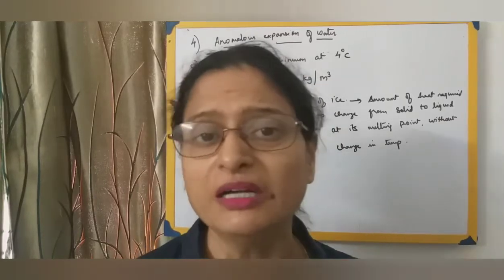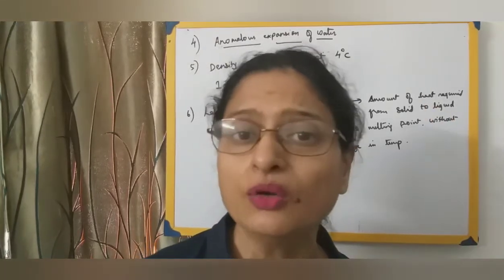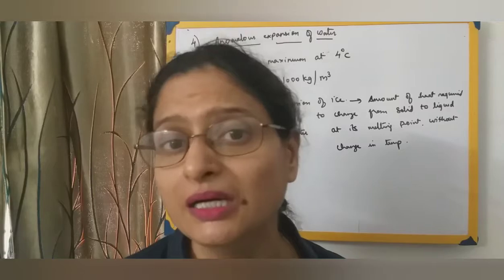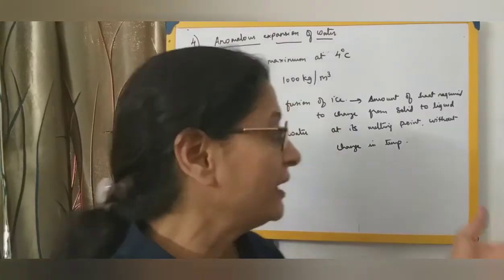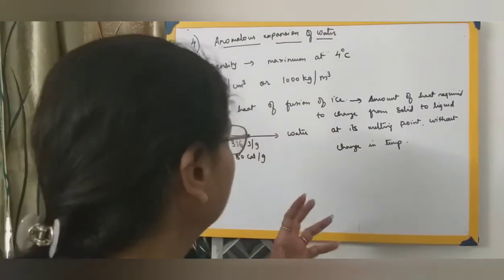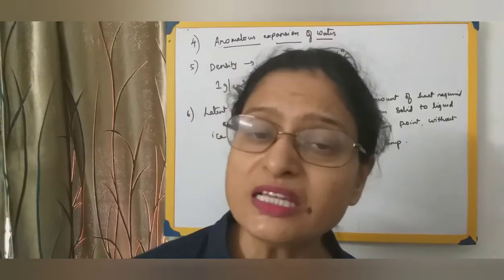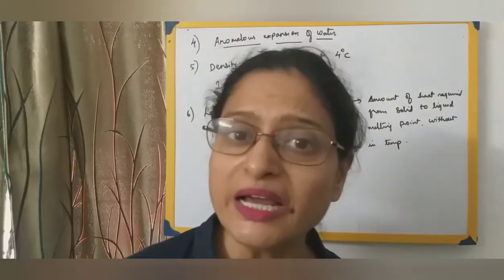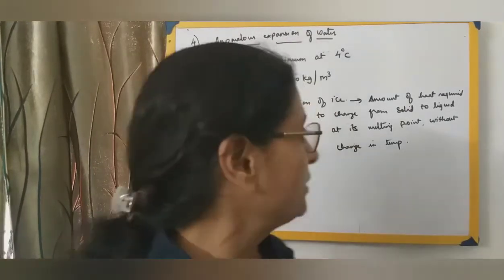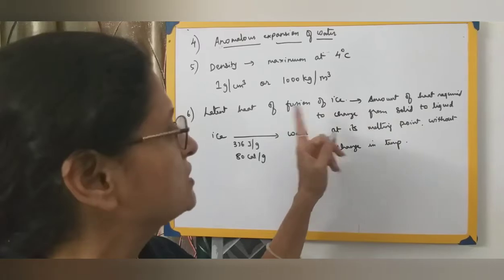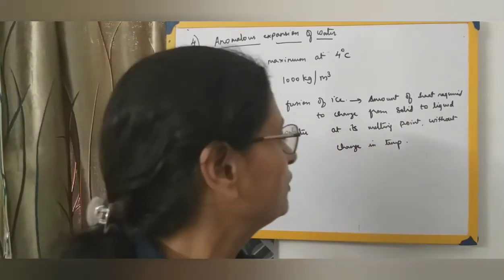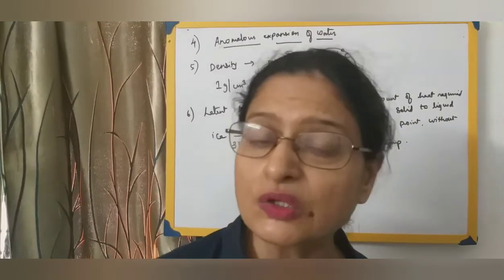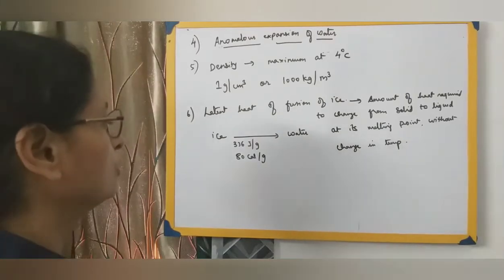When the change of state takes place, the thermometer is not going to show any change in the temperature, because the heat that has been absorbed has been utilized in bringing about the change of state. So we can say the amount of heat required to change from solid to liquid at its melting point without change in temperature is called the latent heat of fusion of ice.